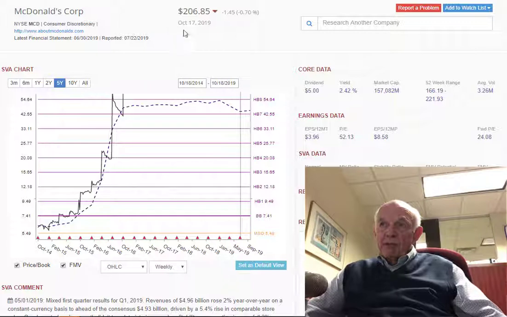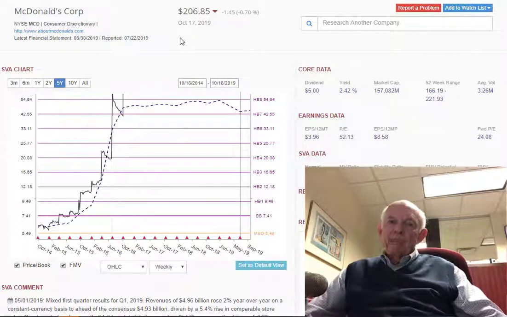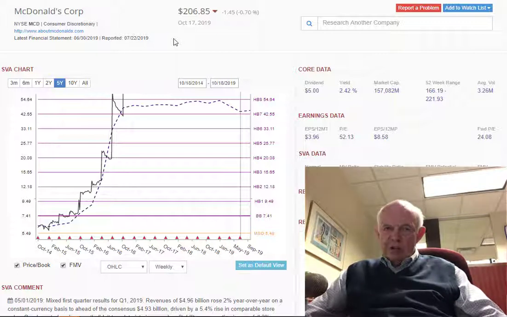You can buy back stock, you can have a negative book value, but of course in structural valuation analysis we do not have such a thing as a negative book value. We actually adjust the book value, and our book value currently suggests that the adjusted book value is about $2 a share.